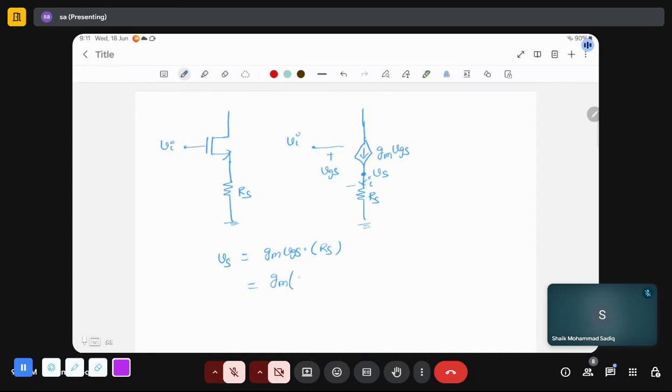We can write VGS as Vi minus Vs into Rs. So if I send the Vs terms to one side, it will become 1 plus GM Rs equals GM into Vi.